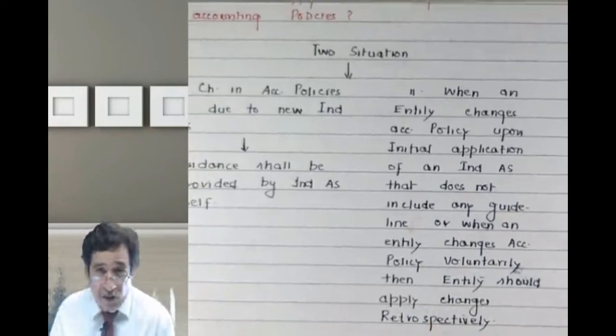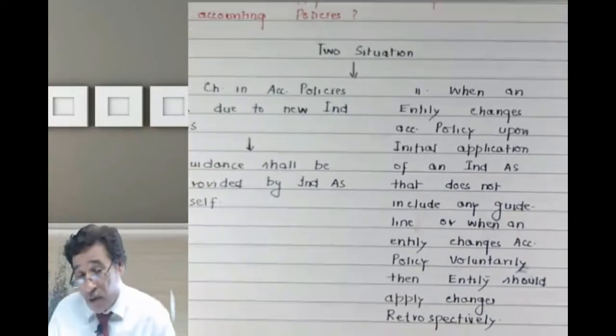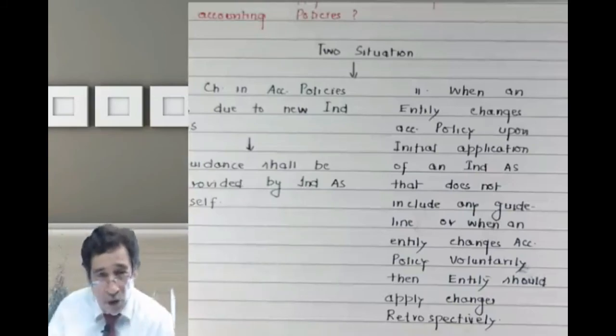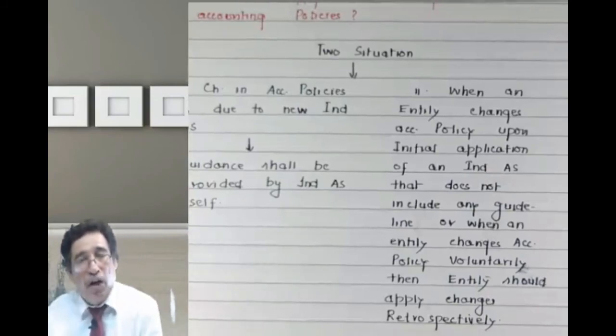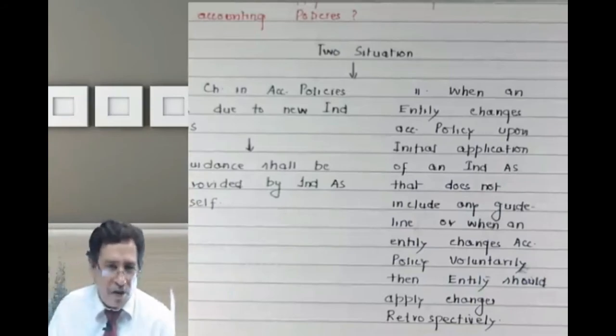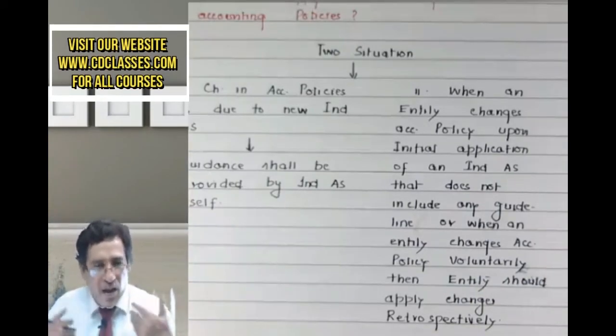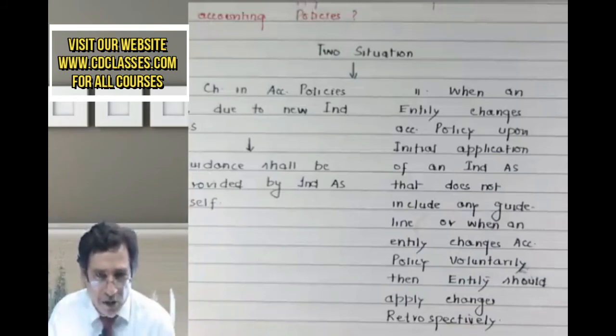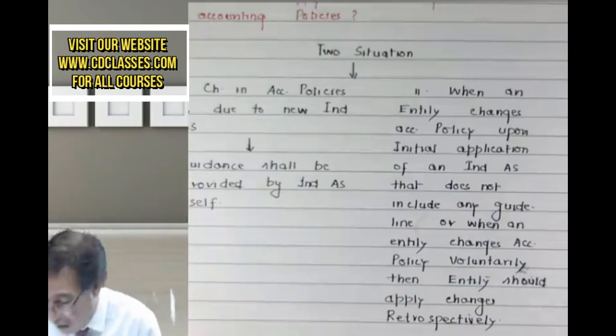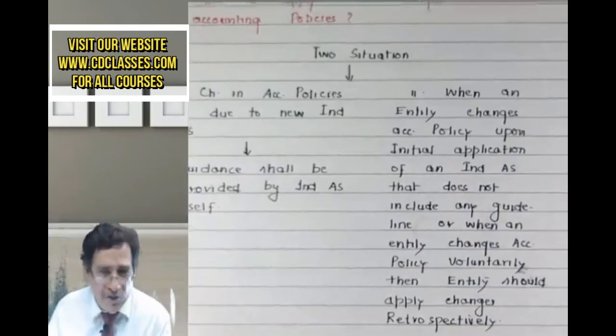Indirectly, the second point states that you are now adopting Ind AS for the first time, because Ind AS is a recent phenomenon. In fact, from 2016-17 companies have started following it, isn't it?